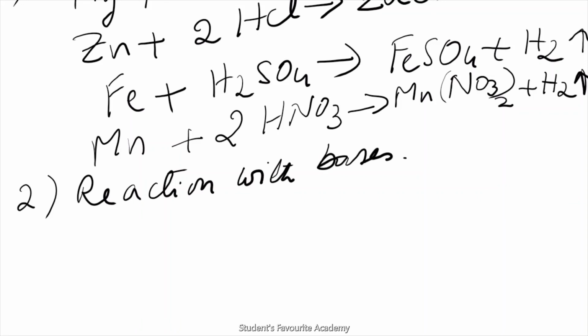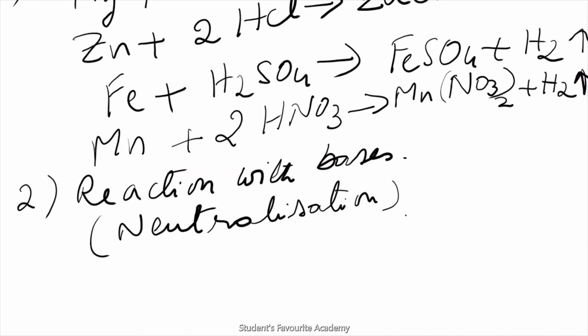Then the next property is reaction with bases. Whenever acids react with bases, they form salt and water. This reaction is also known as neutralization reaction, because acids neutralize bases to form salt and water.